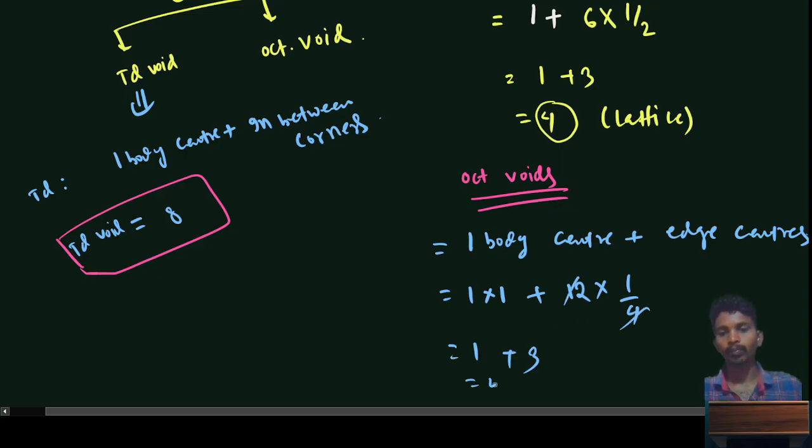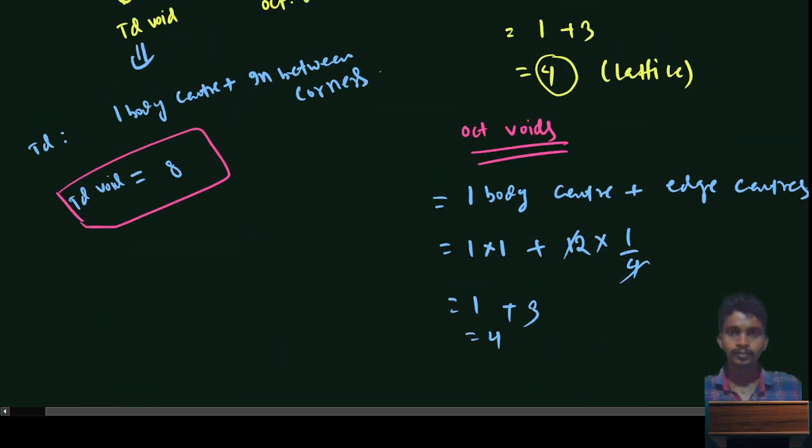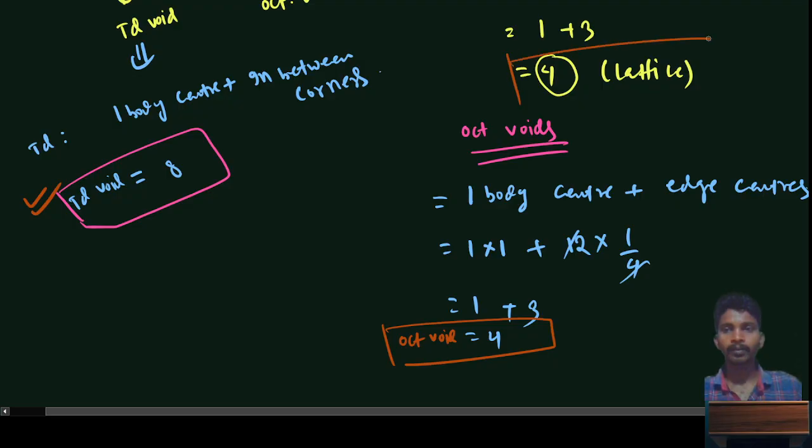So 1 plus 3 is 4 octahedral sites. From here we see that tetrahedral sites are 8, octahedral sites are 4, and the crystal lattice points are 4.